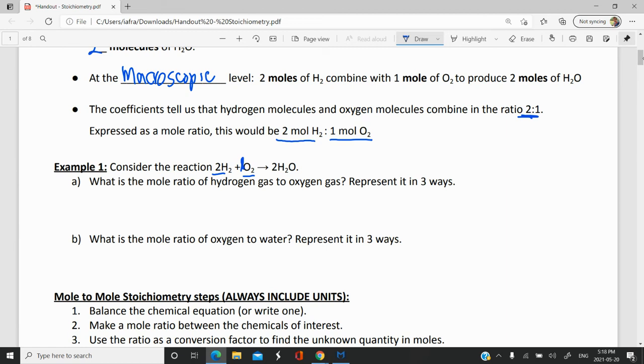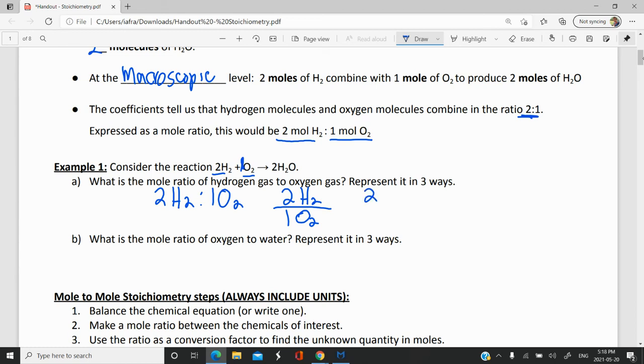So we want to compare hydrogen gas to oxygen gas. One way to write this is to write 2 H2s for every 1 O2. That's one way that you could write it there. Another way that you could write this ratio is simply doing for every 2 H2s that react, 1 O2 will react. So you can write it in this fraction form over here.